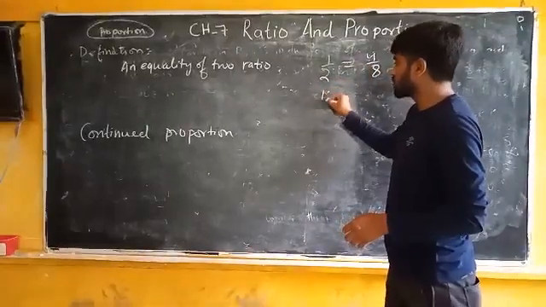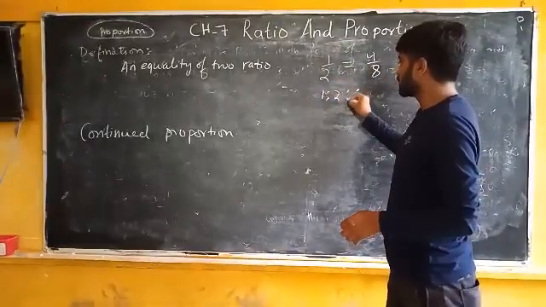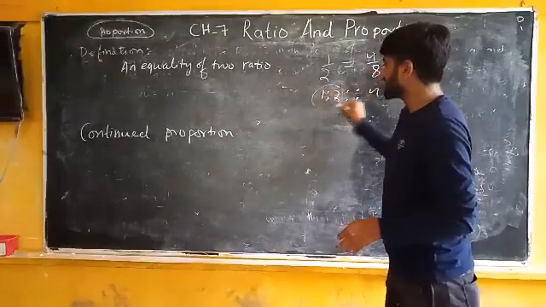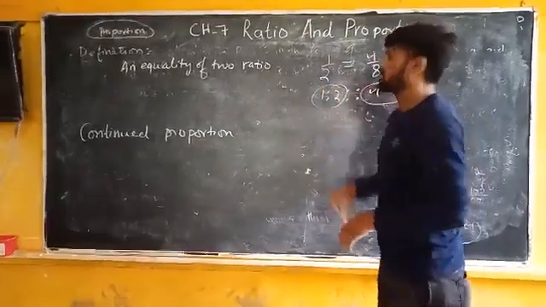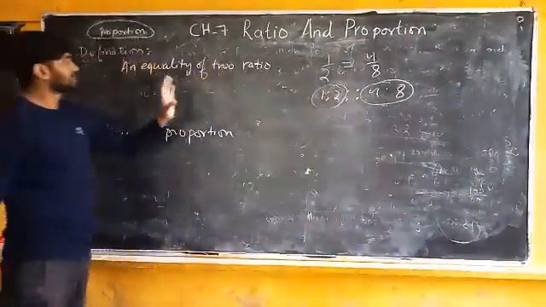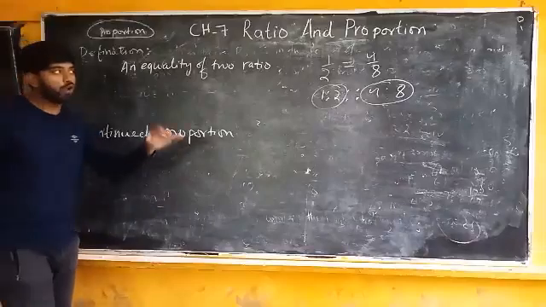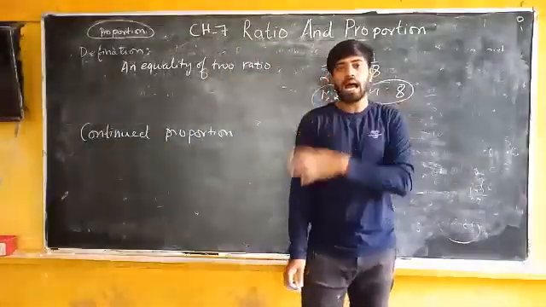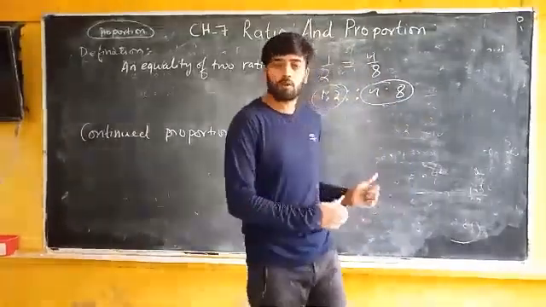So 1 ratio 2 proportion to 4 ratio 8. What I'm trying to say is this ratio is equal to this ratio. When there is an equality of two ratios, it's called a proportion. I hope you understood.